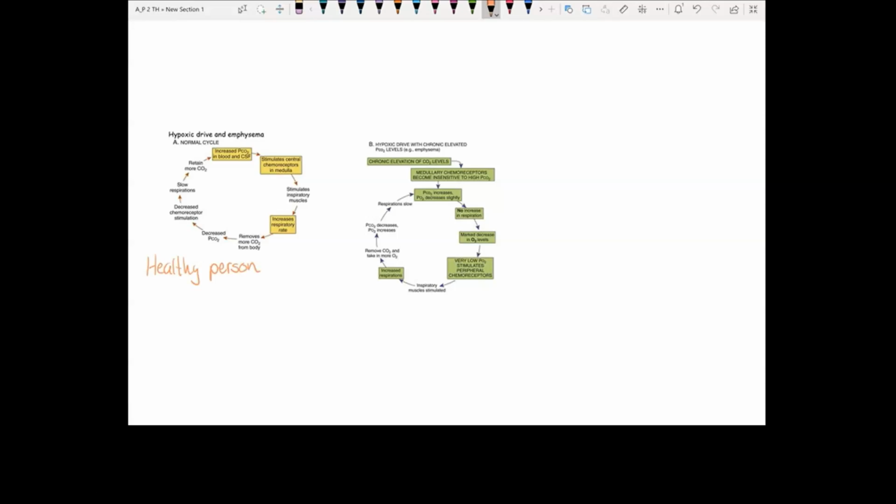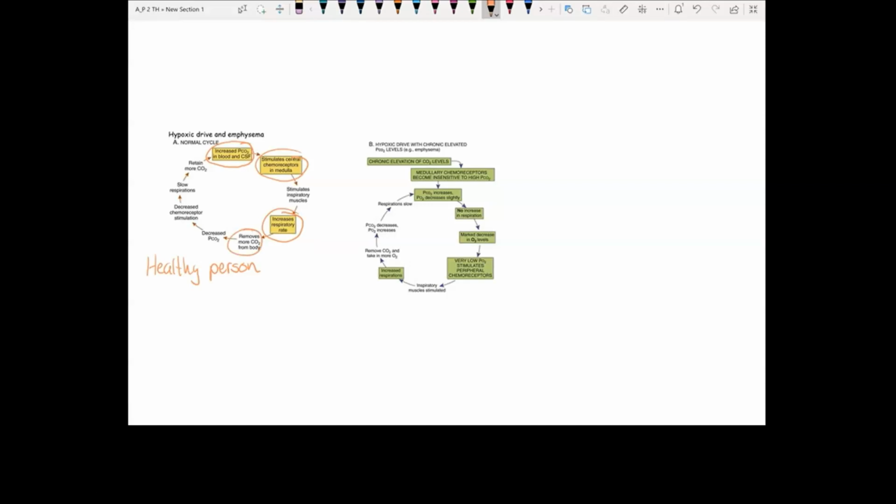If you had increased carbon dioxide in the blood and cerebral spinal fluid, that's going to stimulate your receptors, and you're going to increase your breathing, and that's going to remove the carbon dioxide, and you're going to go back to normal.